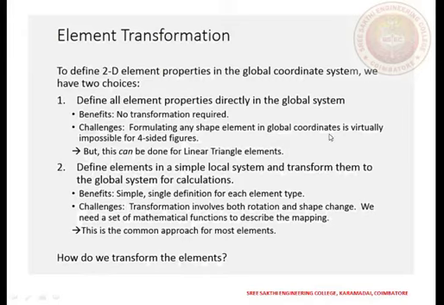Now you may have a question: what is the meaning of global coordinate system and local coordinate system? Here I will explain the global coordinate system, or Cartesian coordinate system. They are both the same.